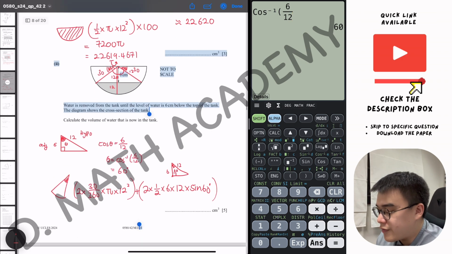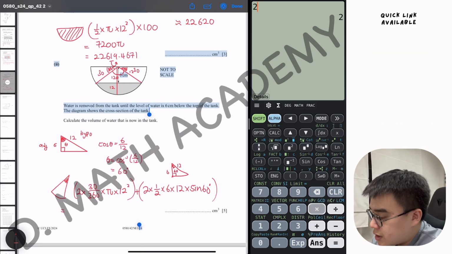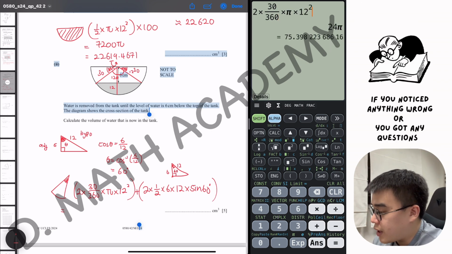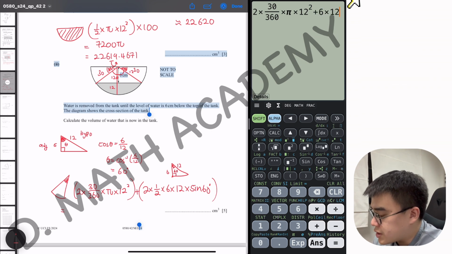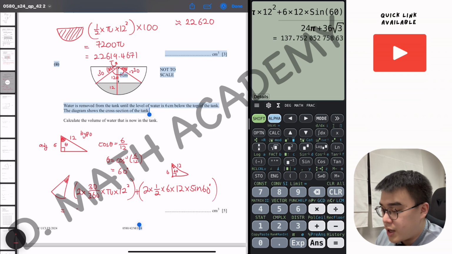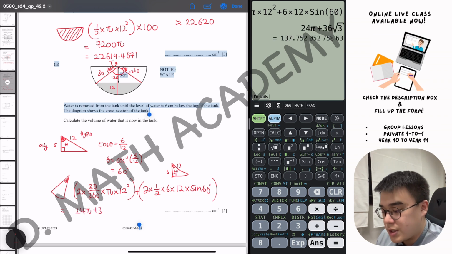I'm going to add them up first. 30 over 360 times pi times 12 squared, we got 24 pi. Add it with 6 times 12 times sine 60. So this right here, we'll get 24 pi plus 36 square root 3.